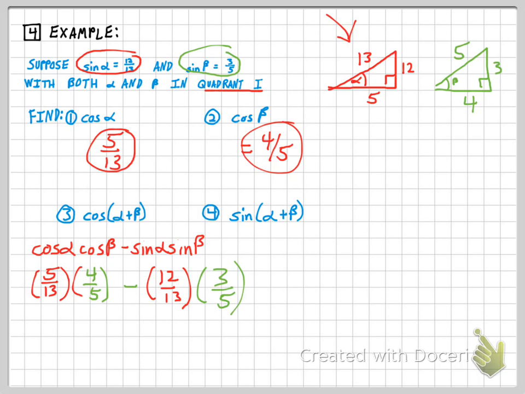Alright, finishing it off, I've got 20 over 65 minus 36 over 65. And I get an answer that's negative 16/65. That might seem a little strange, but it's possible, if you think about it, that I could take two angles, add them together, and they might end up in the second quadrant, and so the cosine of an angle in the second quadrant is negative.